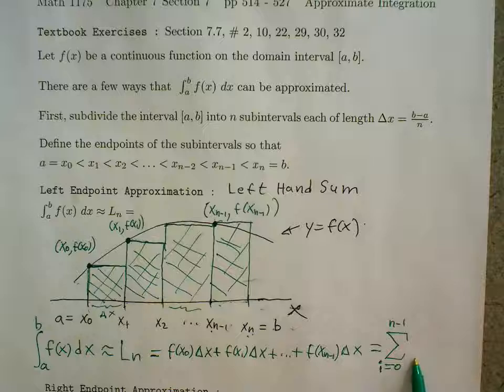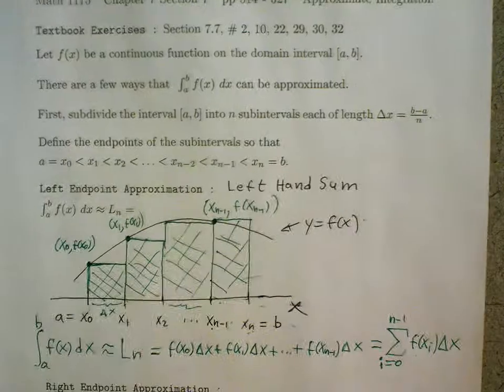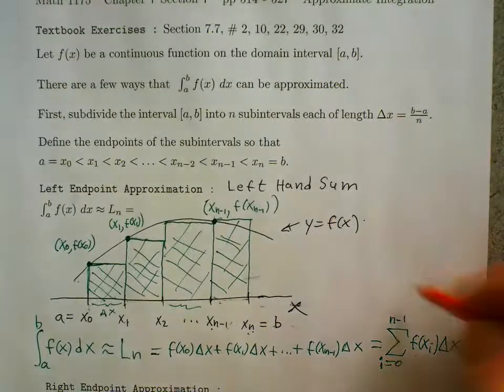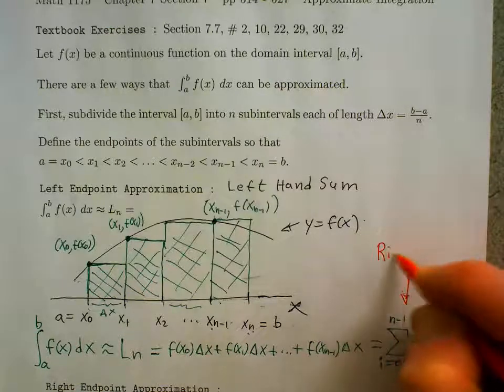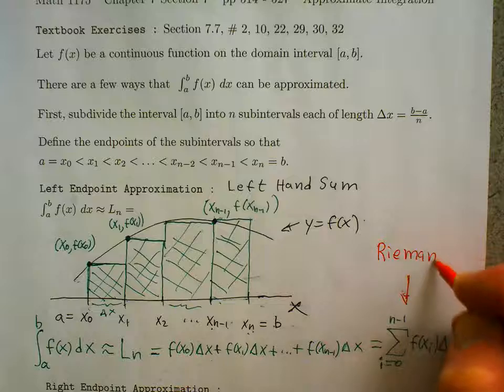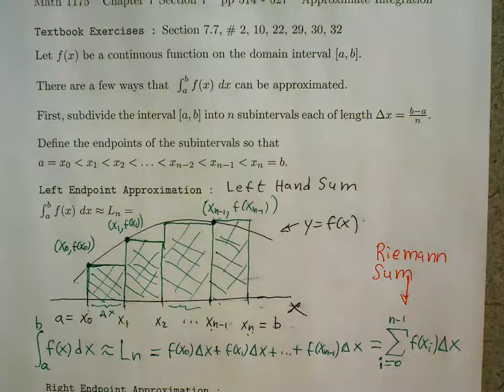And then the terms that we're adding have the form f of x sub i times delta x. So you probably remember that from Calc 1. This is an example of a Riemann sum. In particular, this is the left endpoint approximation, or the left-hand sum.